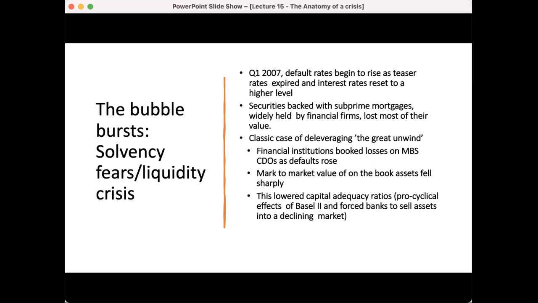And this, as a consequence, means that financial institutions are booking losses on their securitized notes as the defaults rose. The mark-to-market value of the book assets falls sharply. There are two ways of valuing things. Let's say with a house, I could get a mortgage broker or an estate agent to value my house, and they might say it's worth £500,000.